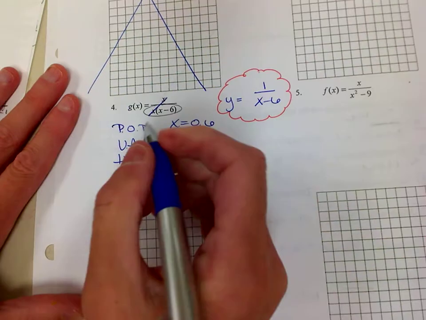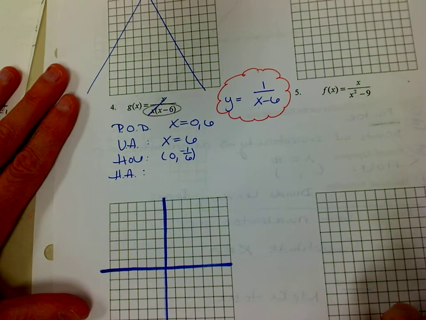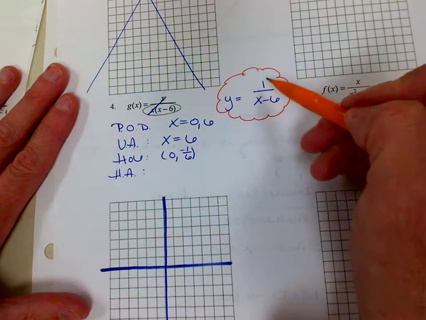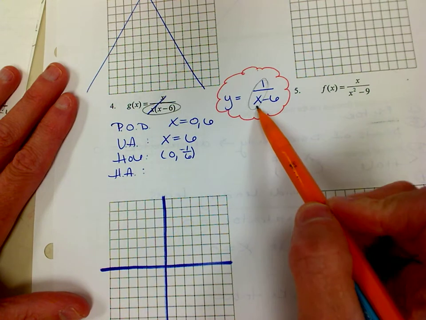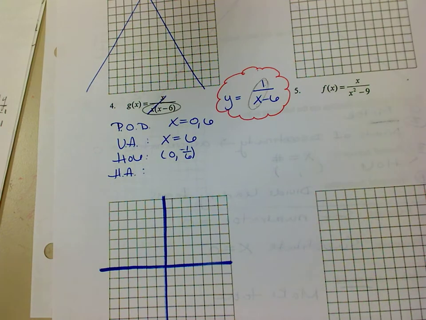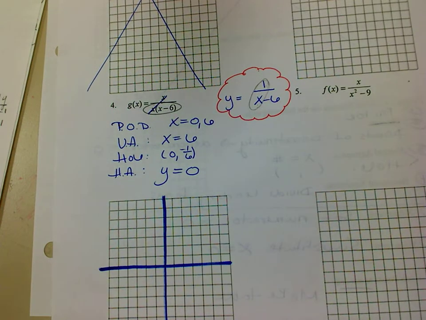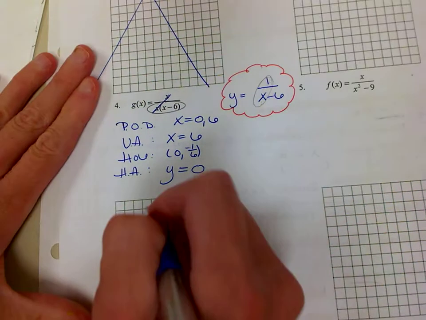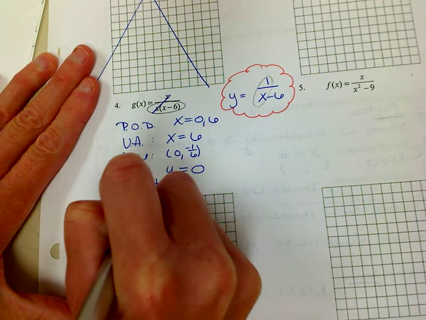My next step is to find any horizontal asymptotes. So to do that, I'm going to divide my leading terms. Since I have more x's on the bottom than I do on the top, my denominator is bigger. That means my horizontal asymptote occurs at 0. Okay, so now I'm going to find any x-intercepts and y-intercepts if possible.